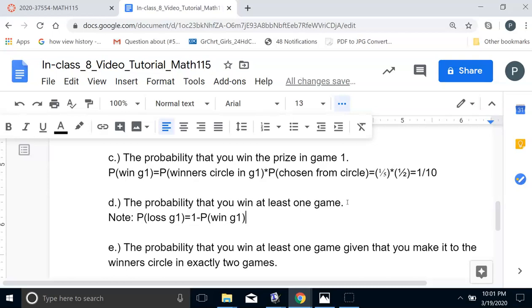The 1 is saying that event will happen. So the probability that you lose game 1 is equal to 1 minus the probability that you win.